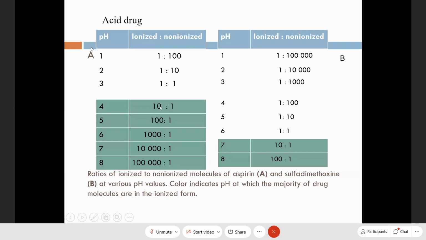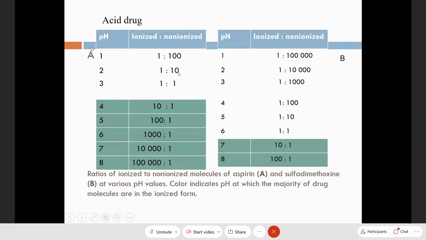Doctor, I have a question. That means if the pH is below 3, the drug cannot dissolve, is it? No, who said cannot dissolve?